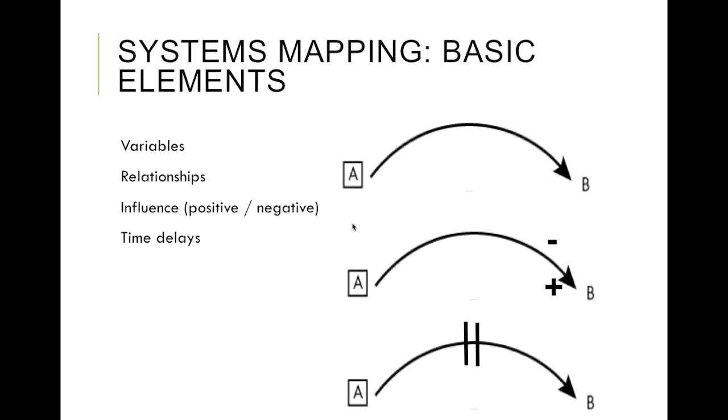But what are the basic elements then of a systems map? And you've just seen them in the obesity map, but this is sort of taking them apart and looking at them more closely.